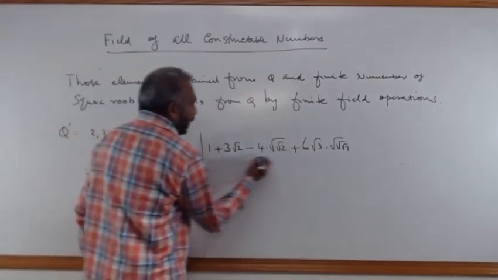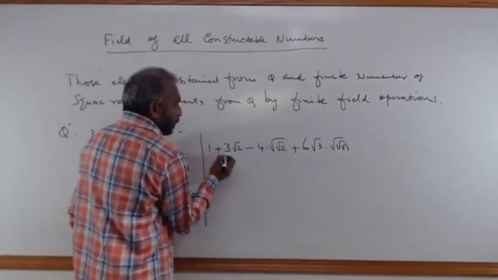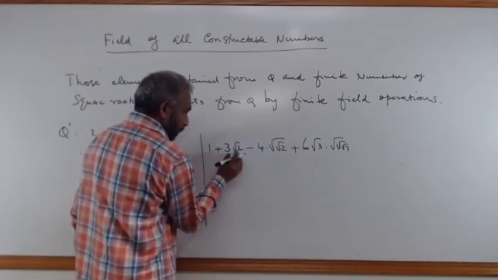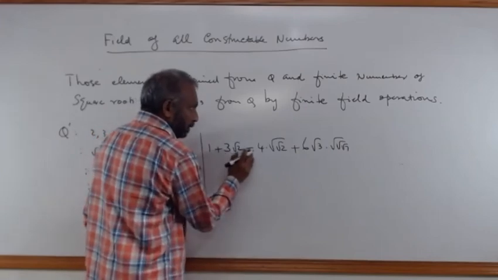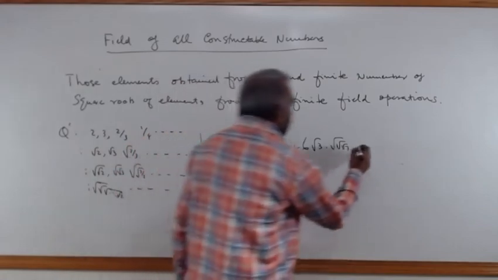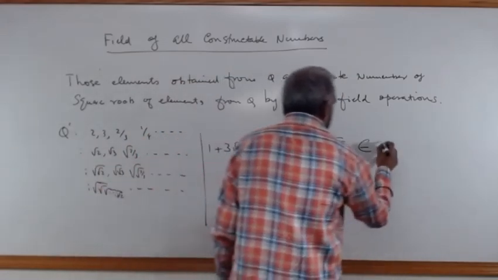Finite number of field operations means you are multiplying two numbers, adding, subtracting, all this kind of stuff. So this belongs to our Q prime.